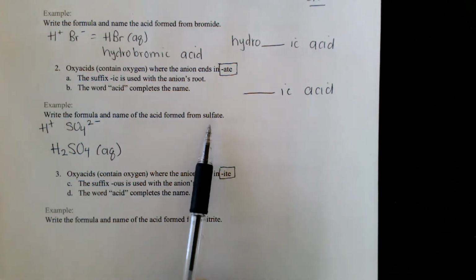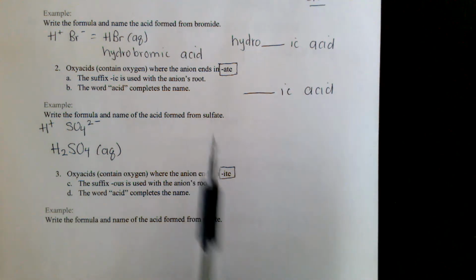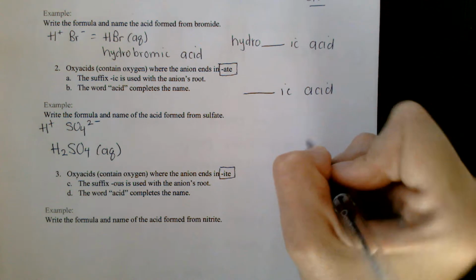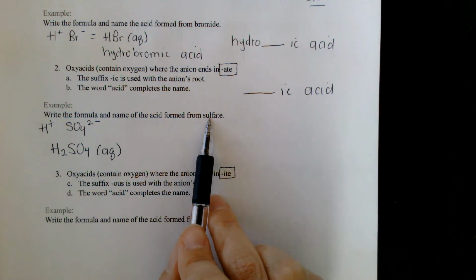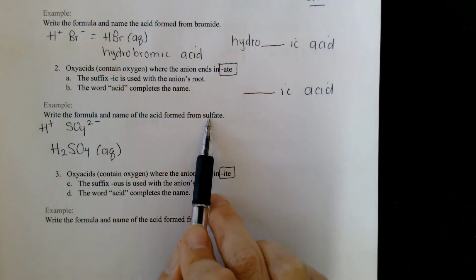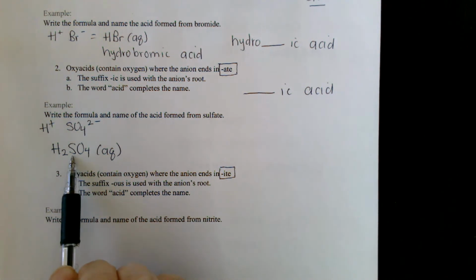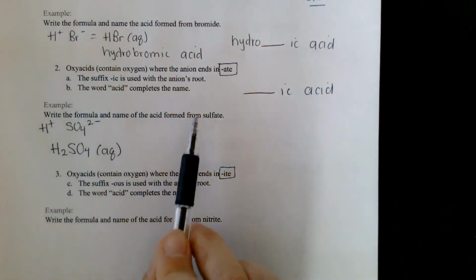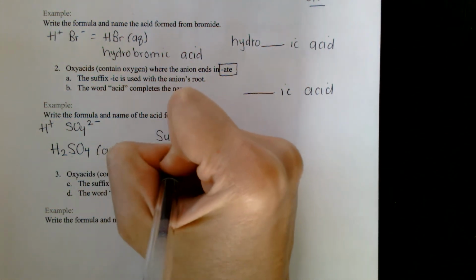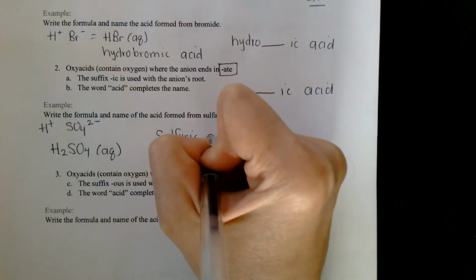Okay, so two exceptions to this are sulfate and phosphate. So instead of this being sulfic, taking the ate out and putting ic, it's going to revert all the way back to the name of the element that isn't oxygen. So instead of being sulfic acid, it's going to be sulfuric acid.